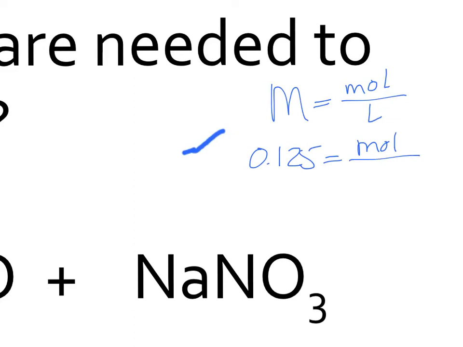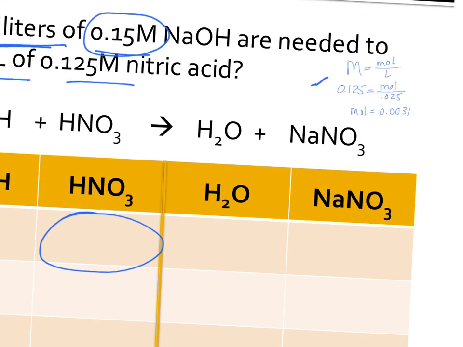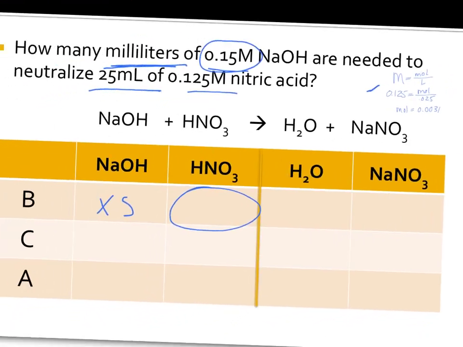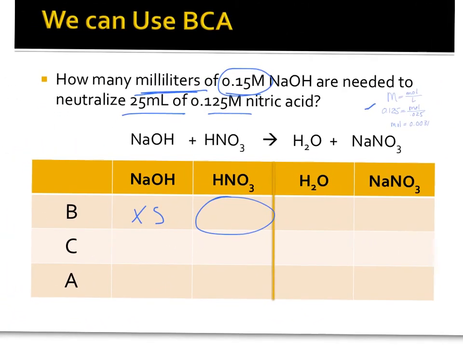It says 25 milliliters. Divide that by 1,000 and we get 0.025. Do our math on that and we get moles to equal 0.0031. So we really don't have a lot of moles that we are working with here, but we'll go ahead and put that into our equation.